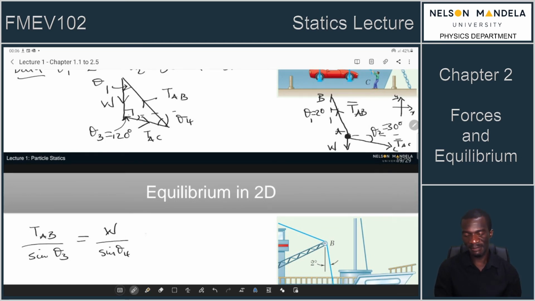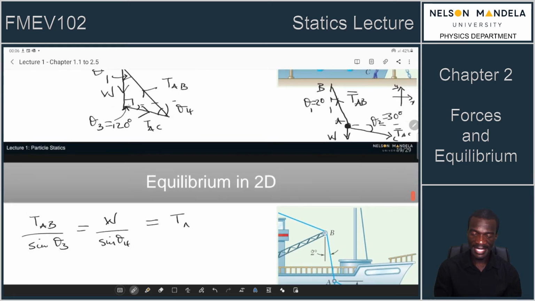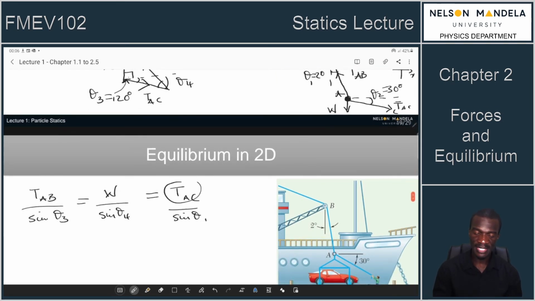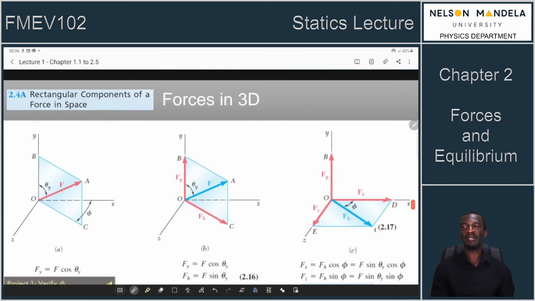Then you find TAB, but this is also the same as TAC over the sine of theta 1. Then you can find your unknown T's. That covers equilibrium in 2 dimensions, and statics for particles is done.